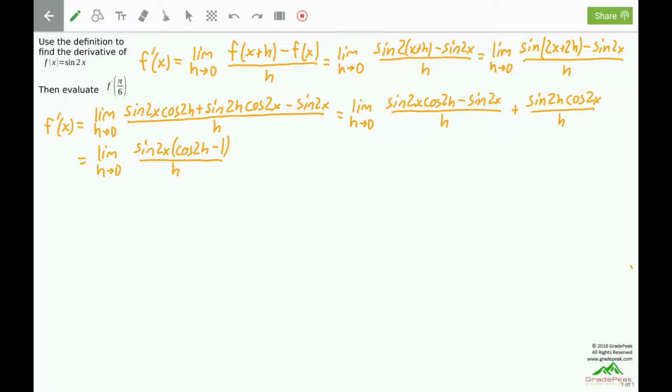This has a 0 over 0 indeterminate form because of the cosine of 2h minus 1 in the numerator as h goes to 0. That's a trig combination. I'm going to need to multiply it by the trig conjugate, which will be cosine of 2h plus 1. And we're going to put it over itself, a form of 1, so that when we multiply it, we don't change the value, just the look.